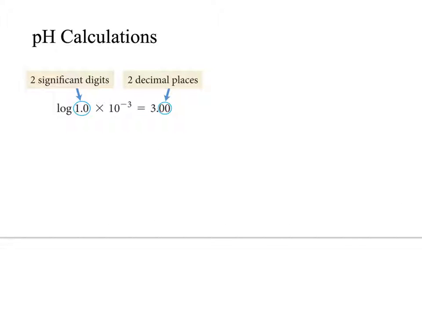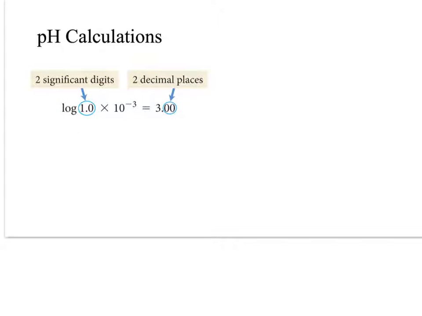The way we round pH calculations is a little bit different. If we look at the rule here, we take the number of significant digits from our hydronium concentration and we round pH to that number of places after the decimal. So let's look at an example here.